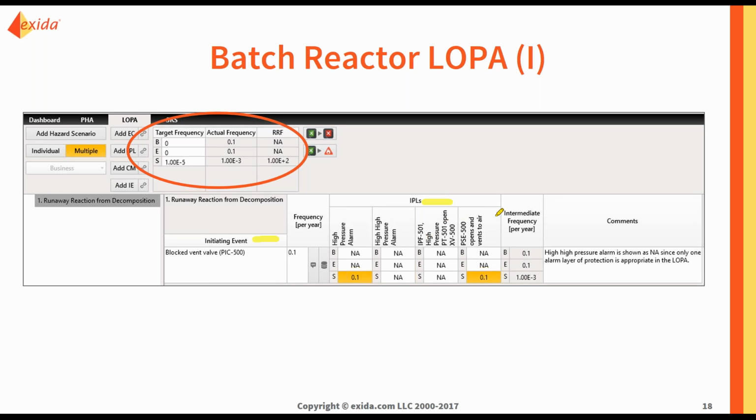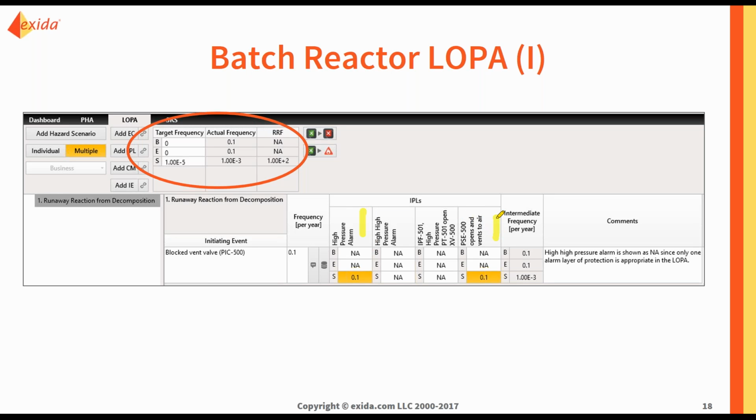What we're doing here is we're multiplying the frequency of the initiating event by the probability of failure on demand of each of the IPLs. Now, only 2 of the failure rates are known in this case. We know the failure rate of the high pressure alarm here, and the rupture disk, and these are industry averages.